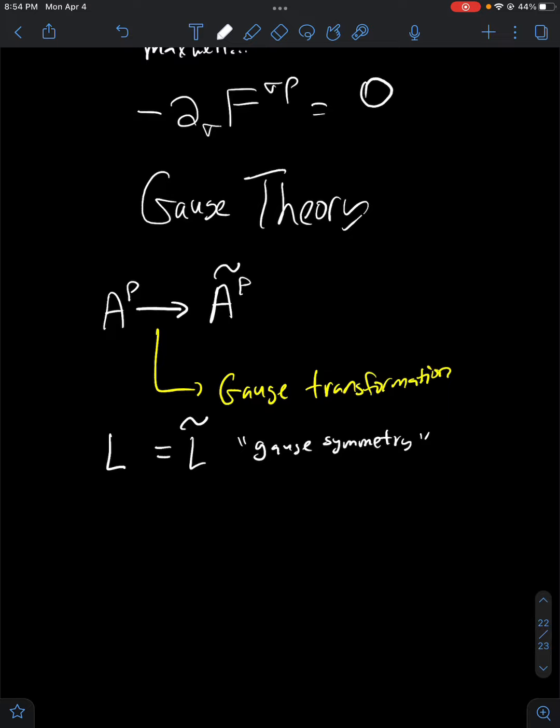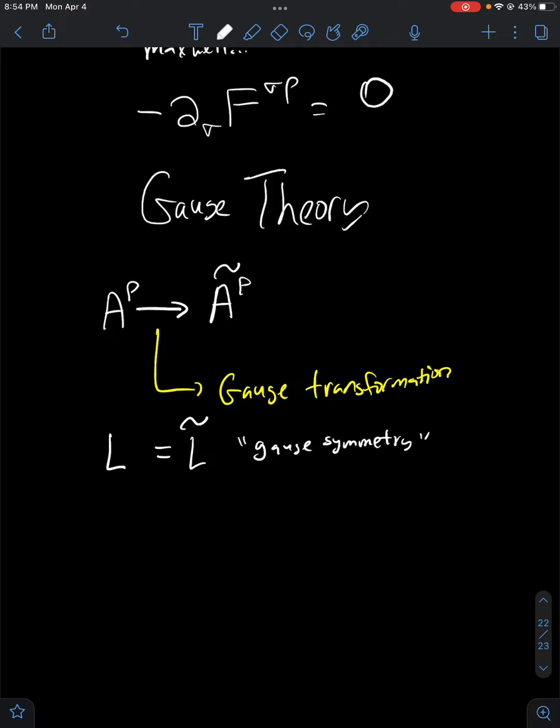And if our gauge transformation leaves the Lagrangian unchanged, this is going to imply that the equations of motion for our system will be the same, since the Lagrangian controls our equations of motion. So I'll reiterate that. If our gauge transformation leaves our Lagrangian unchanged, that means that our equations of motion are going to be the same. This is a very important point.